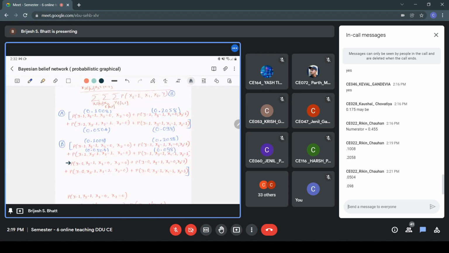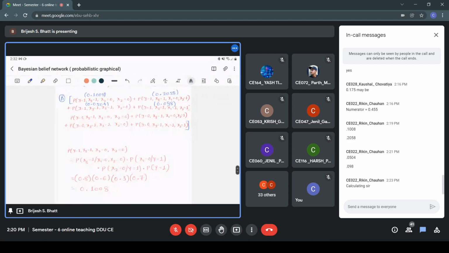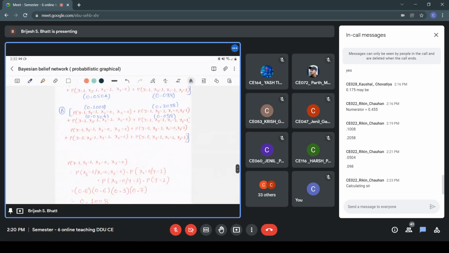What will be the answer here? Okay, Rikin is calculating. Has anyone finished calculation? Okay, I think 0.0192. Okay.